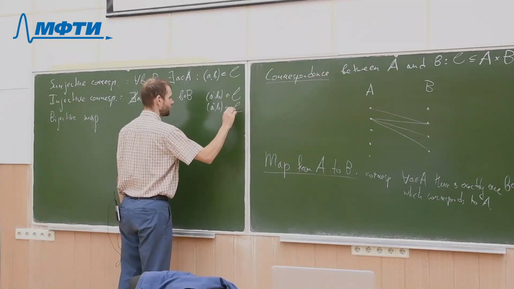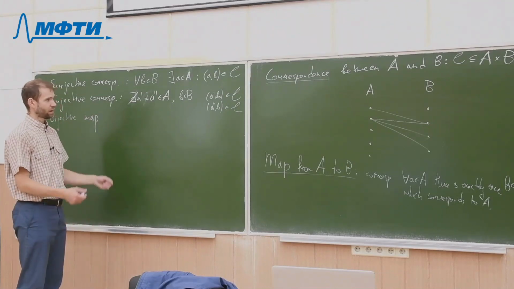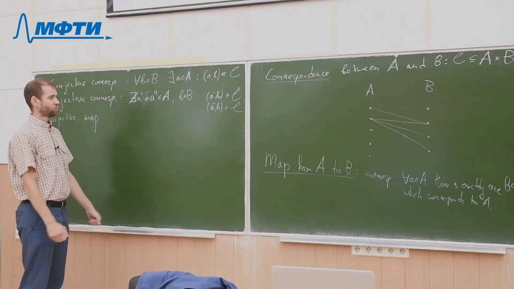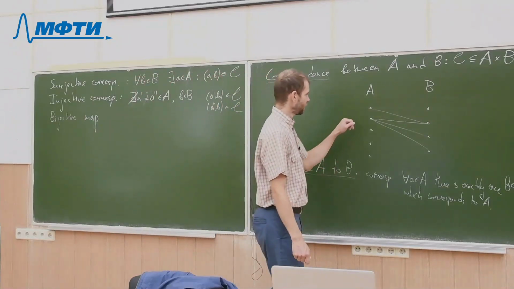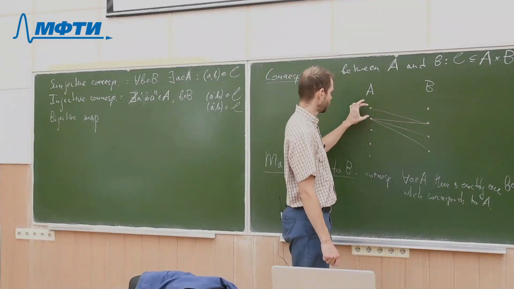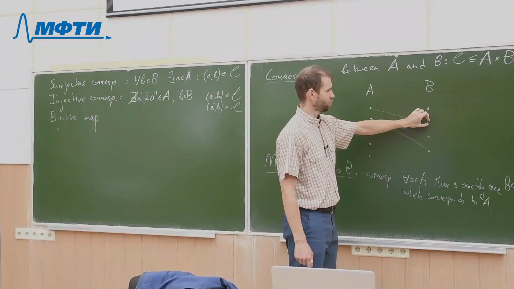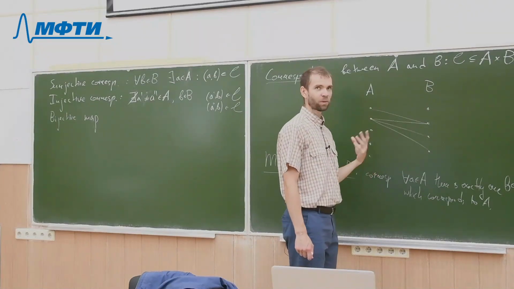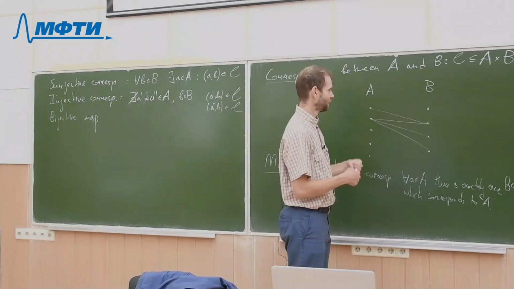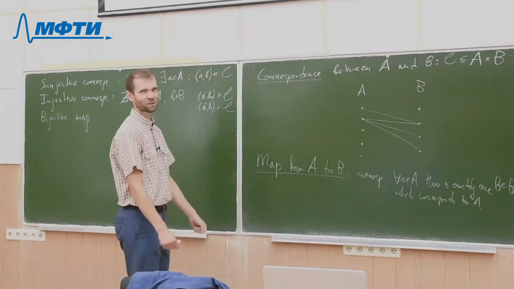So there shouldn't be two different objects in A that have the same object in B corresponding to both of them. In this picture, we clearly have a violation of this property, because two guys in A share the same object in B. So that's a bit of a problem when they decide to actually try to divide this object.